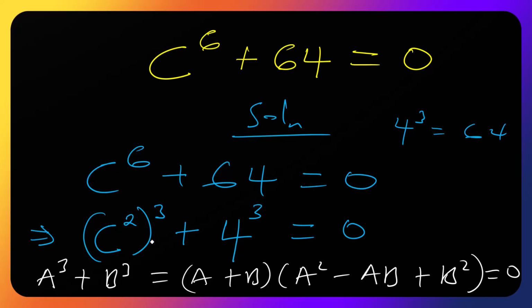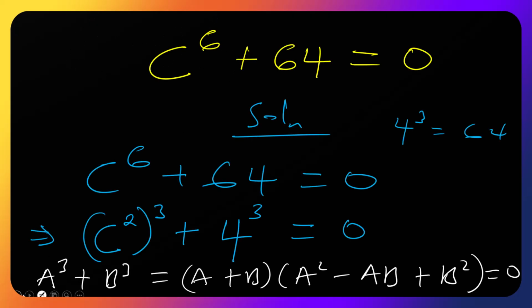So we have c squared plus 4. Let's compare c squared plus 4, and we have c squared again, so that is a squared.